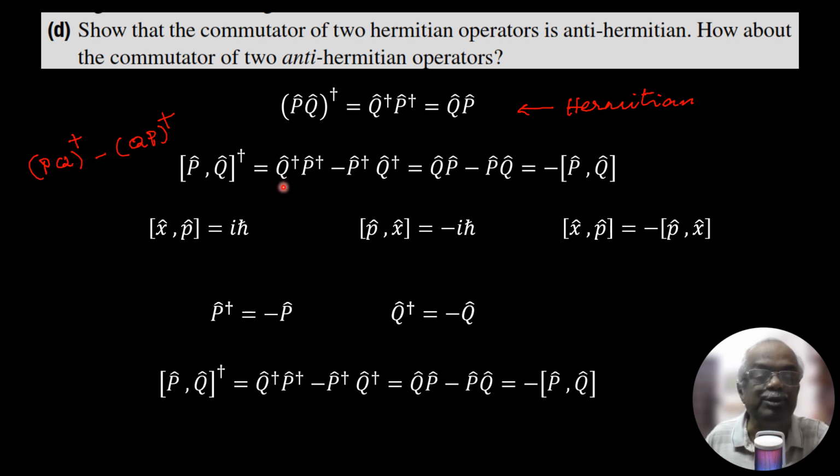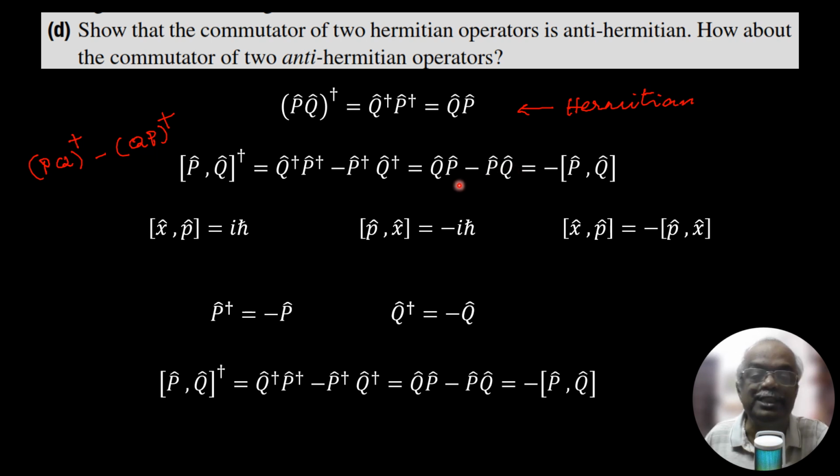(PQ)† is Q†P†, and (QP)† is equal to P†Q†, because the order gets reversed. Since they are Hermitian, Q† is equal to Q and P† is equal to P, which gives QP minus PQ.